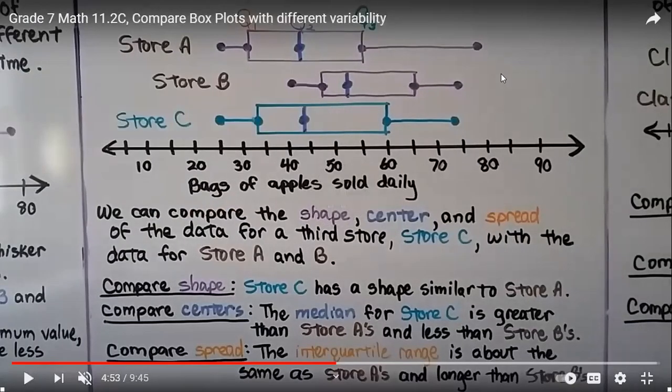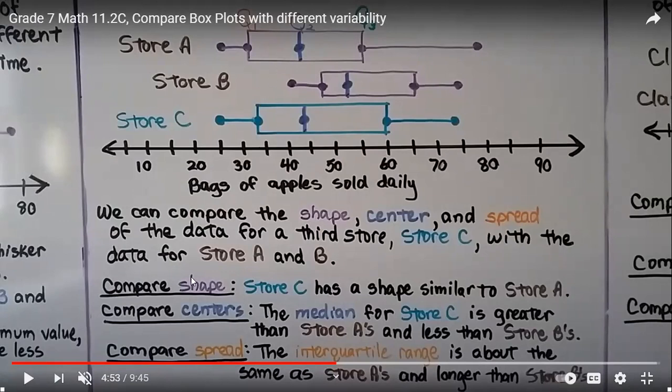So in the example in front of you, we can compare between three box plots. Also, we will compare the shape, the center, and the spread of the data of the third store. Here I already added a third store to the comparison. Then compare the shape. Store C has a shape similar to store A. Look at the box in store A and the box in store C. They are similar, right?